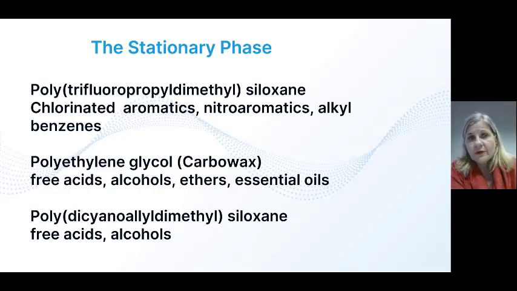That would be for your chlorinated aromatics, nitroaromatics, and alkyl benzenes. Another favorite: normally in a lab you would have a DB1, a DB5, and a Carbowax column. The Carbowax would be a polyethylene glycol, and you would be able to separate acids, alcohols, ethers, and essential oils on it. And then you can also have a cyanoallyl group for free acids and alcohols.